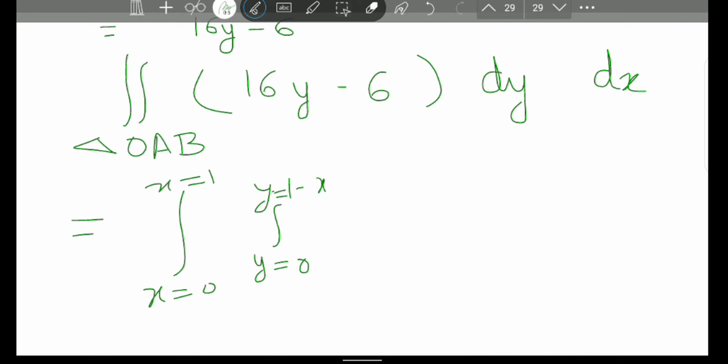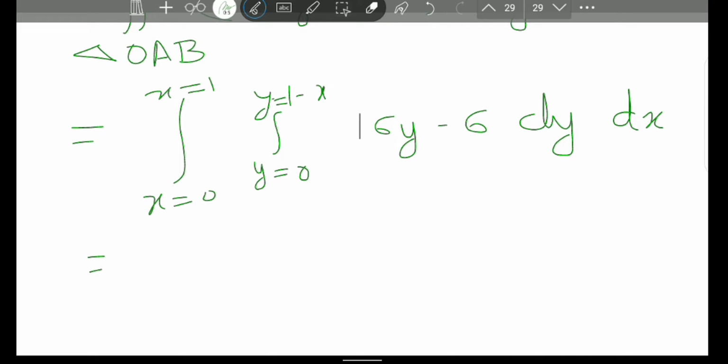That will exactly cover the triangle OAB that we have observed earlier. The function del f to del x minus del f on del y turns out to be 16y minus 6, dy dx as it is.